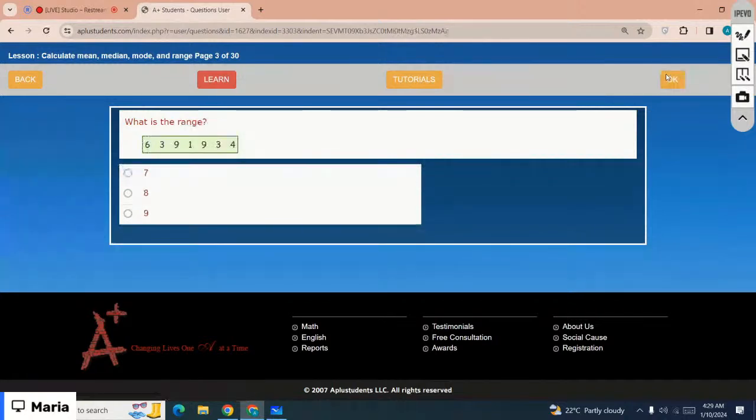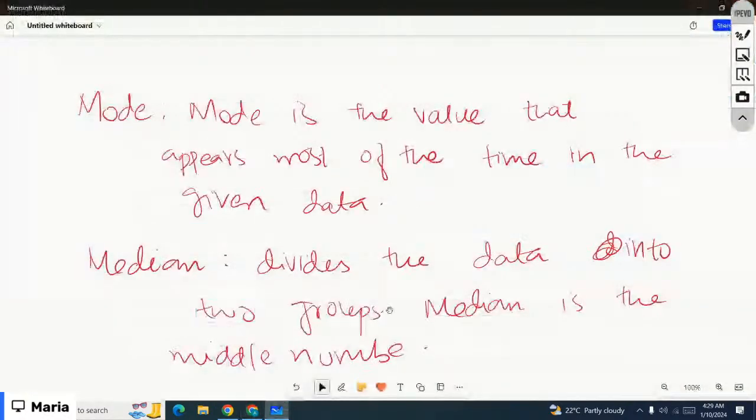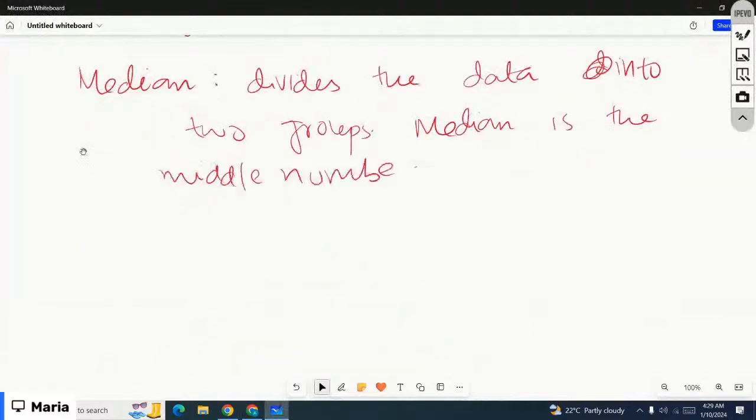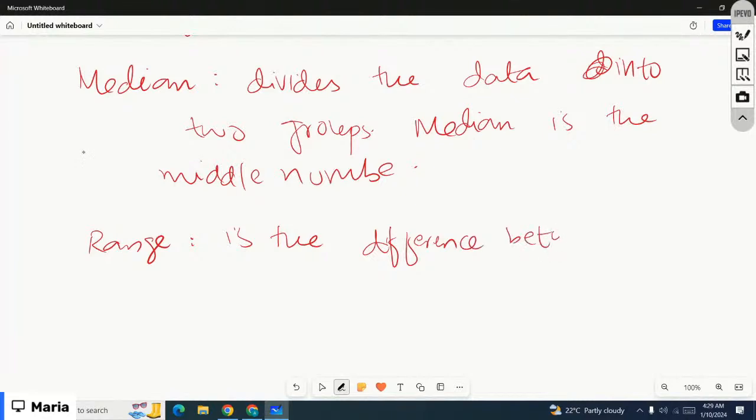Okay, the next one is what is the range of the given data, right? So range is the difference between the greatest value in the data and the smallest value. Range is the difference between the highest value and the lowest value in the given data.